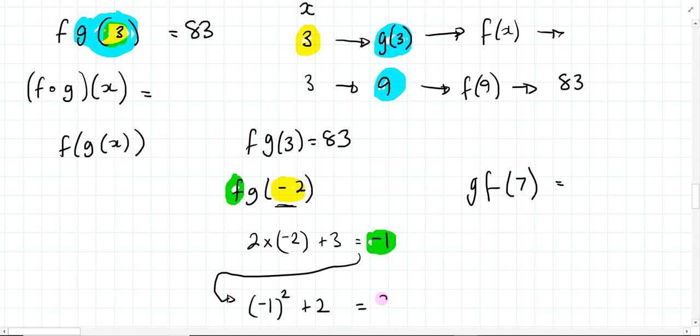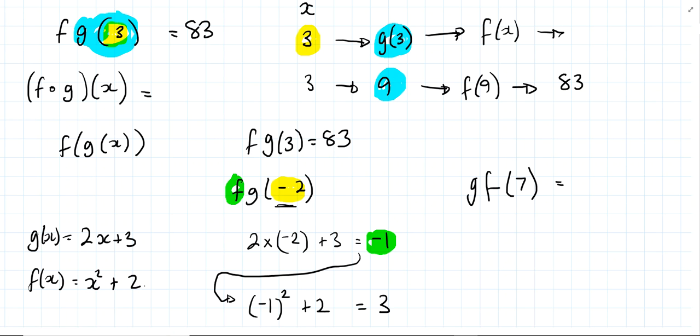Can you scroll up just for a minute so I can see what g of x is? g of x was 2x plus 3, 2 times x plus 3. f of x was x squared plus 2. I think I get it, but I'm scared I really don't get it.